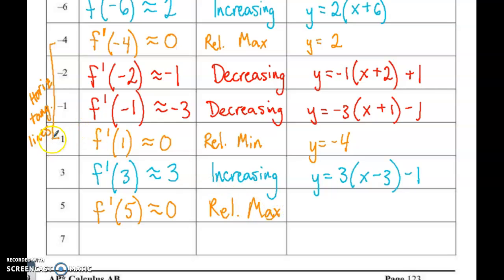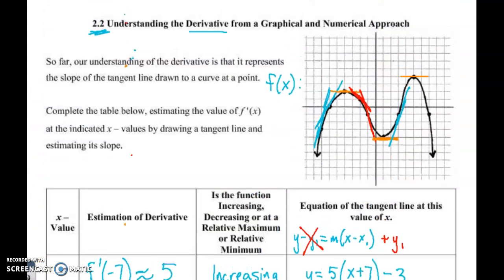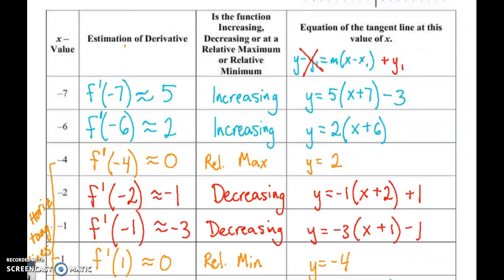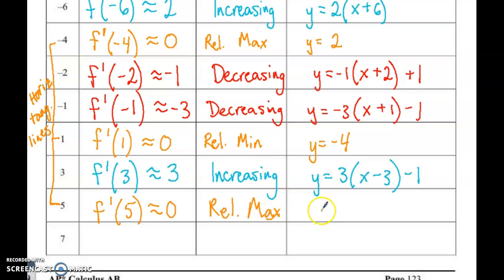You already guessed it. I'm going to make a little dot here. This is a horizontal tangent, and now I can just use the equation. Y equals, well, 0 times anything is 0 for the slope, plus your y-coordinate of 4. Then we have one more to do, and we're back to decreasing for f prime of 7. It's down and to the right.